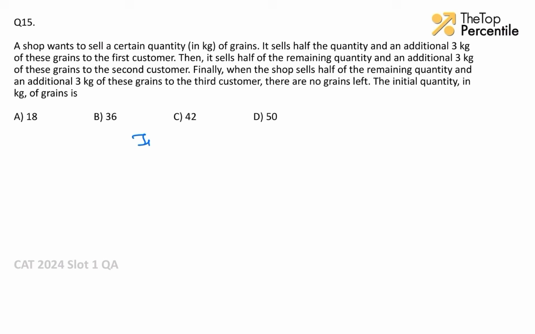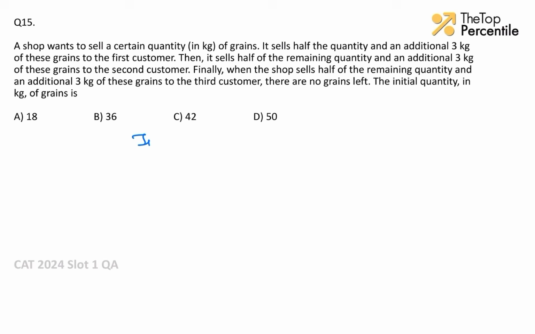Let's see. So for the first customer, it sells half of the quantity, so this will be 4x and an additional 3 kg. So what's remaining is 4x minus 3. Okay.